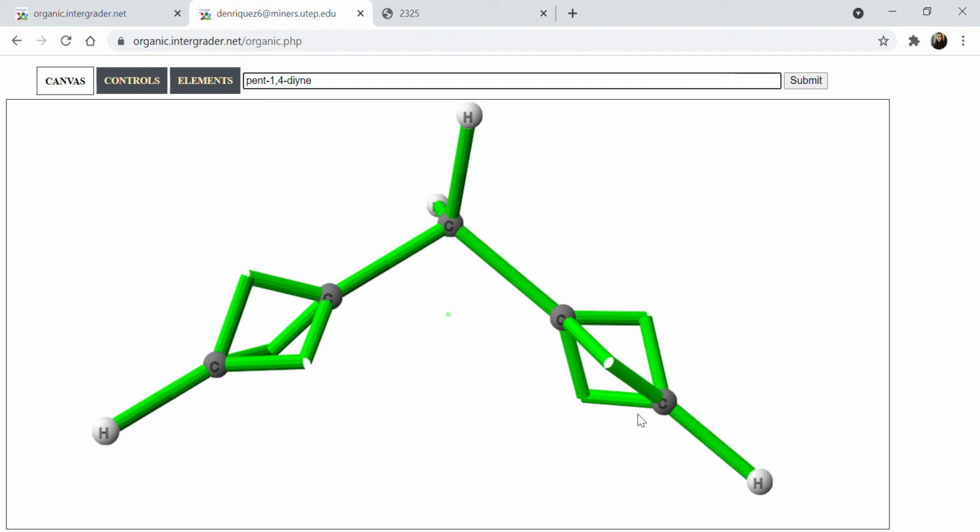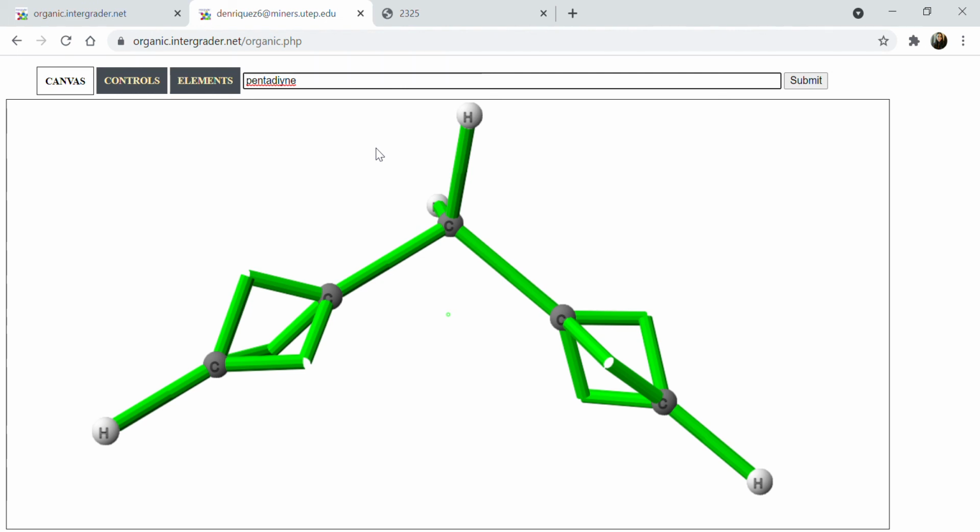And lastly, I'm going to check my notes. I don't think I have it in my notes. I have butadiyne, so I think I'm gonna try to leave it like this and see if that one, pentadiyne.